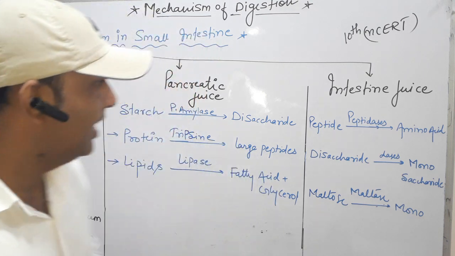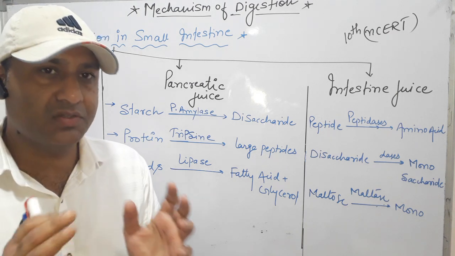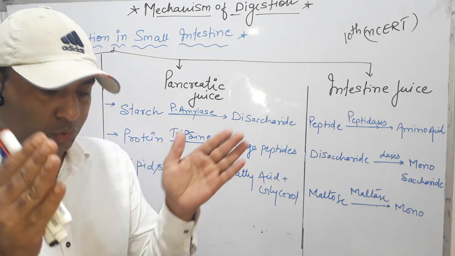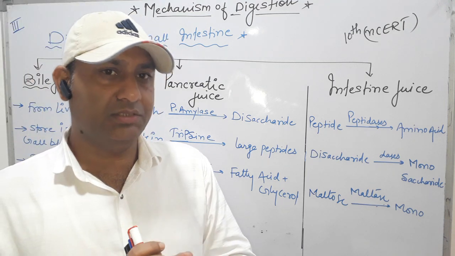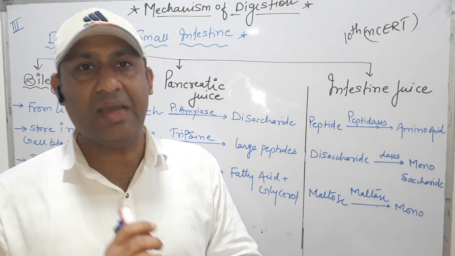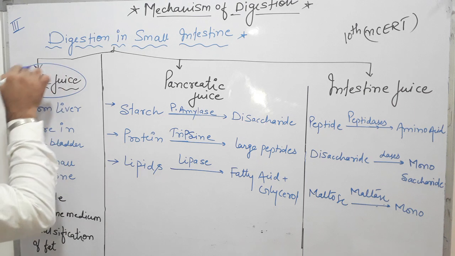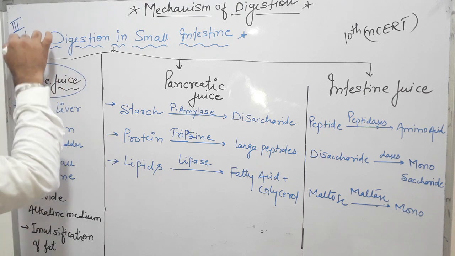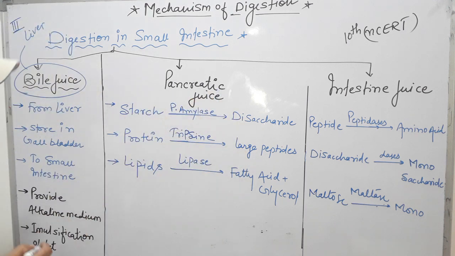Now chyme enters the small intestine, in the area called the duodenum, where two ducts release their secretions. These two secretions are, first, bile juice from the liver, and then pancreatic juice from the pancreas.